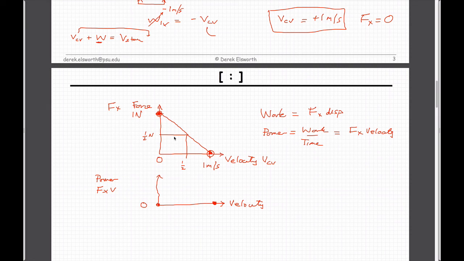But a force of half a Newton, I'm just going to draw this, a force of 1/2 Newton times 1/2 meter per second is equal to 1/4 Newton meters per second. Newton meter is a joule per second. A joule per second is a watt.